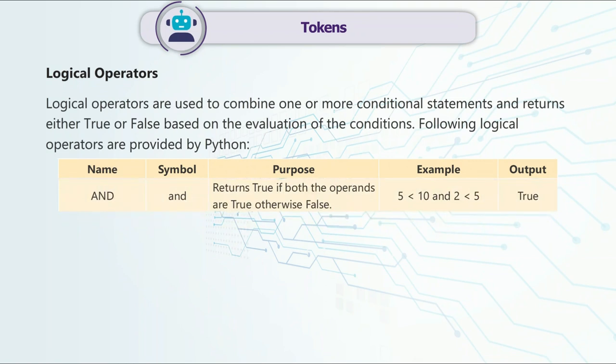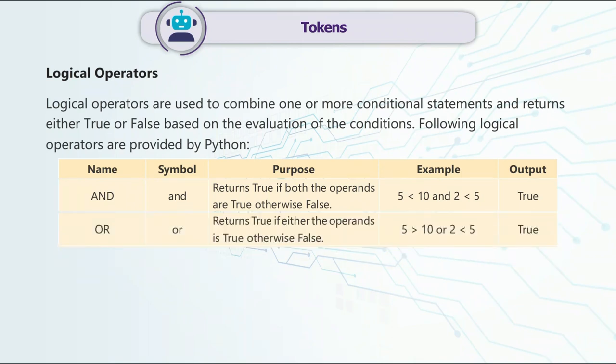And: returns True if both the operands are True, otherwise False. 5 < 10 and 2 < 5 gives True. Or: returns True if either operand is True, otherwise False. 5 > 10 or 2 < 5 gives True.